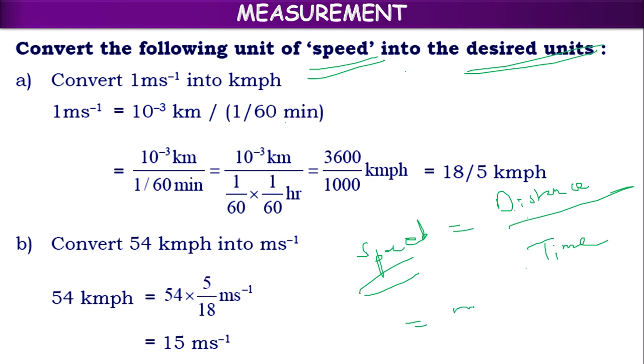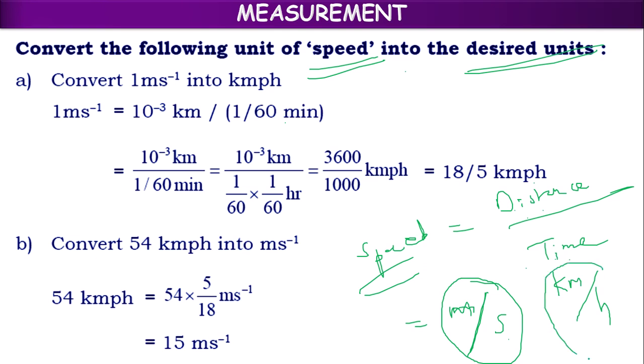Normally distance is measured in meters and time in seconds, or in general usage, distance is measured in kilometers and time in hours. So according to standard units, we have meter per second, and in general usage, kilometer per hour, which can be written as kmph.